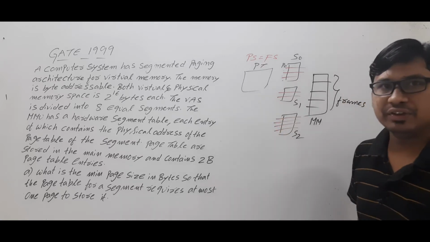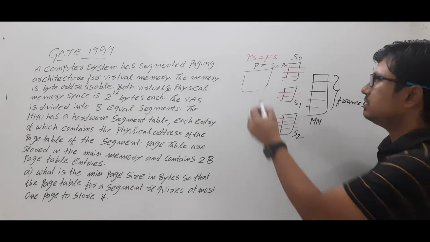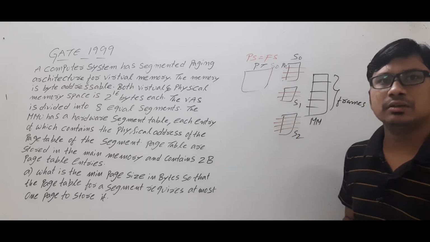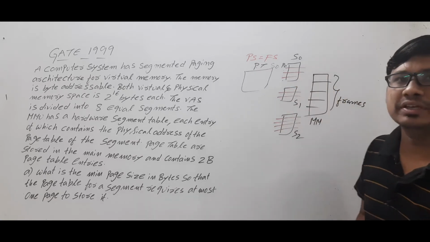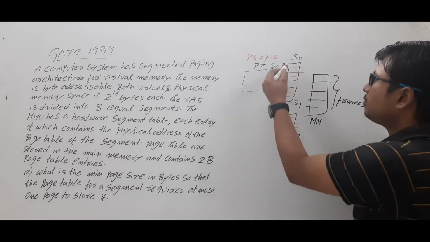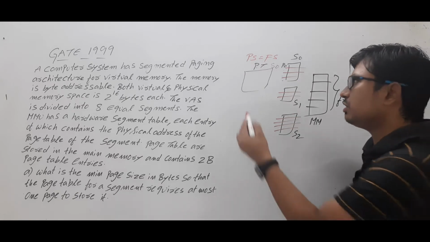Now the number of entries in the page table of segment S0, let's consider that this is the page table of segment S0, will be equal to the number of pages in segment S0. Let's consider that the number of pages is 4. So here the number of entries will be 4.